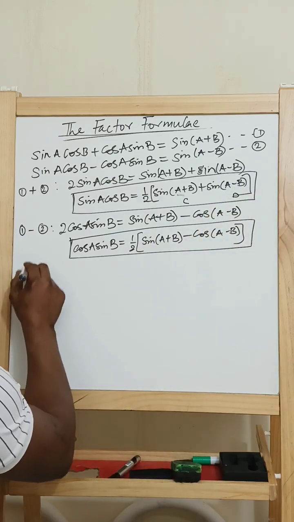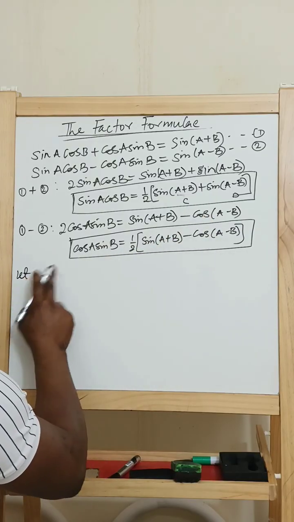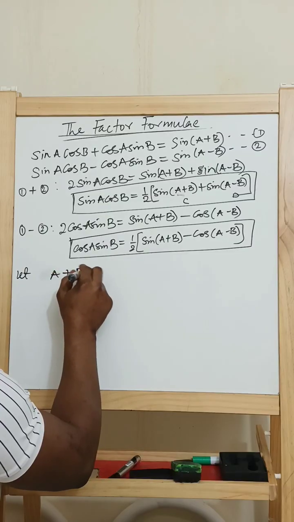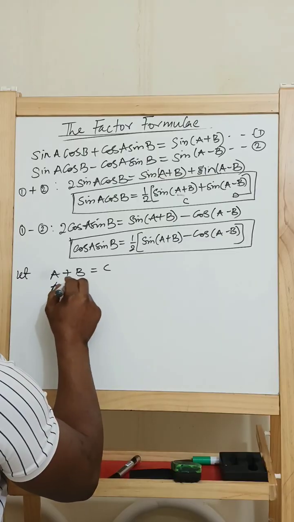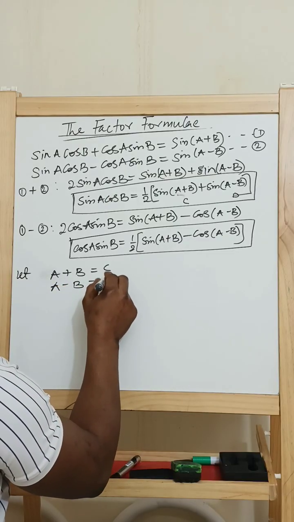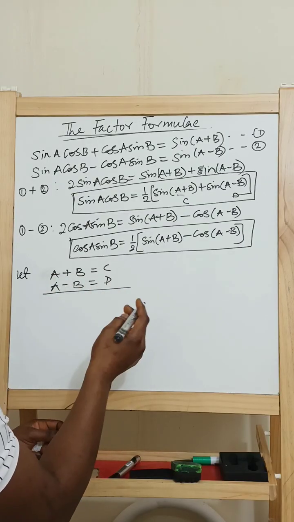So let A plus B equal C, and A minus B equal D. If we add the two together, what are we going to get?